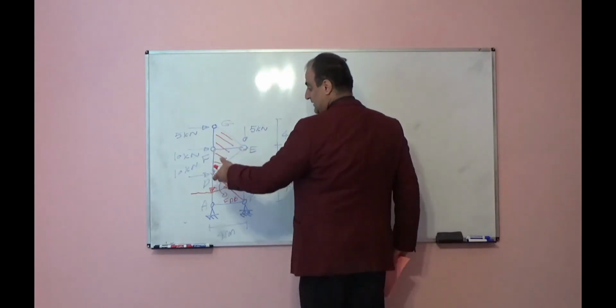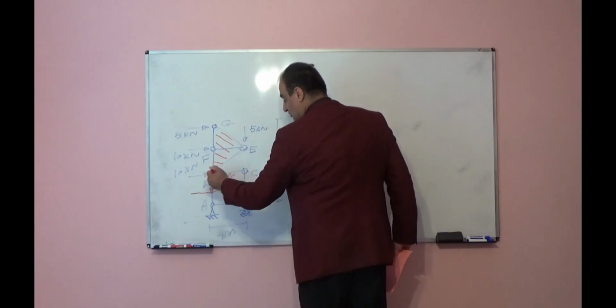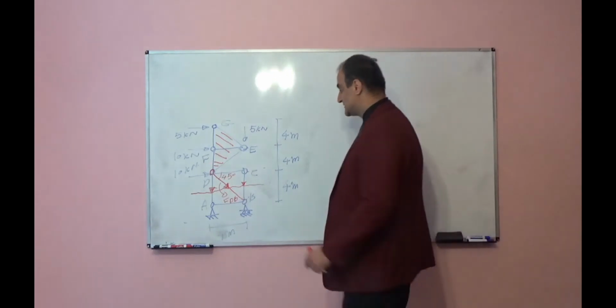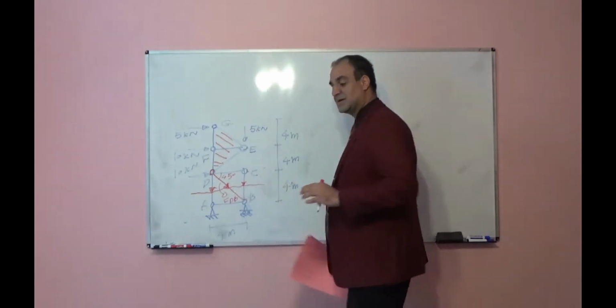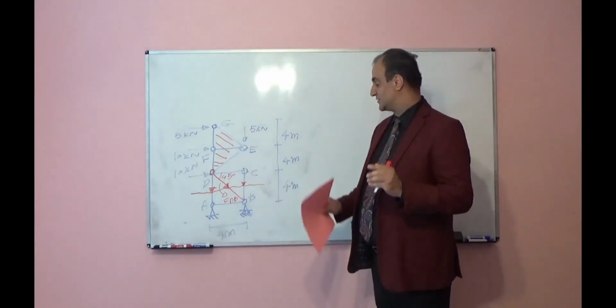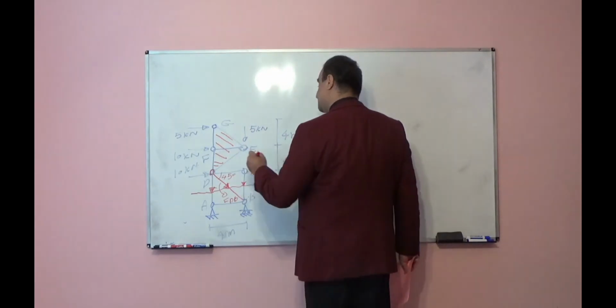Clockwise. If this piece rotates clockwise with respect to hinge D, what will happen? The distance between E and C will decrease. So points E and C come closer to each other. The distance is decreasing. This means there is a compression force in this member.